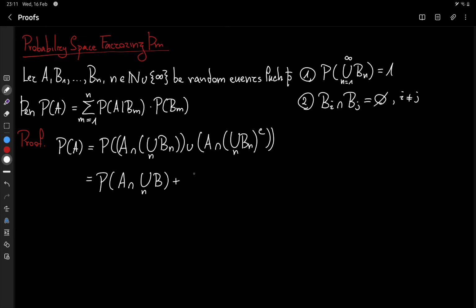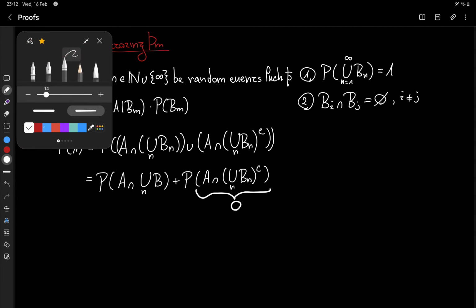plus this I can write by the sigma additivity of probability, since it is a measure, A intersected with the union Bn complement. But if we really think about it, this is 0. Why?